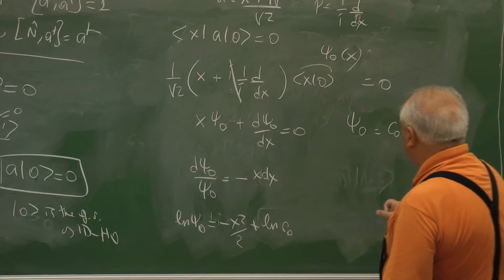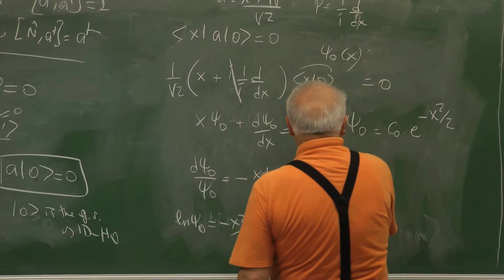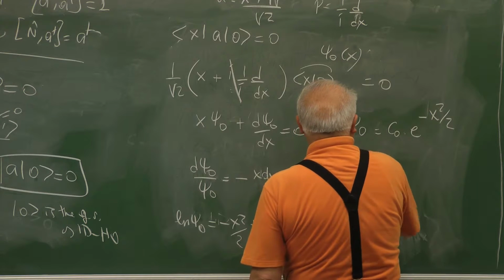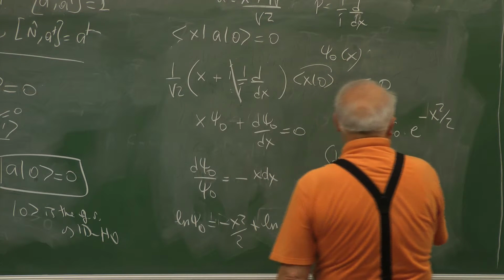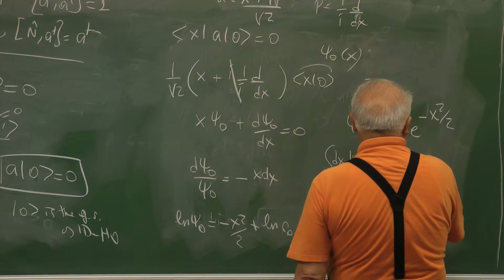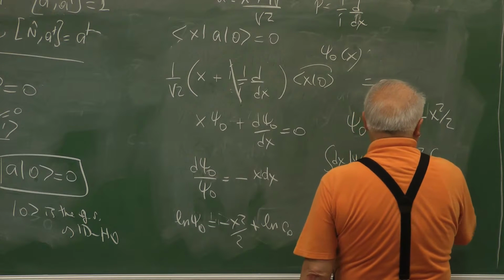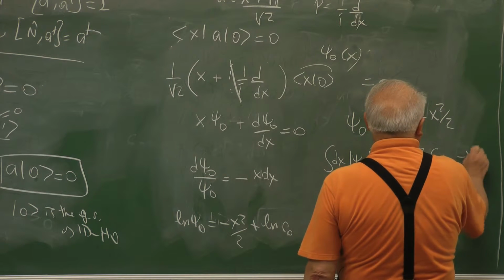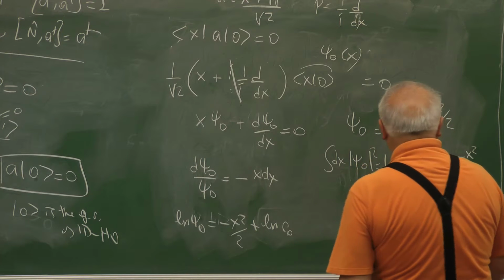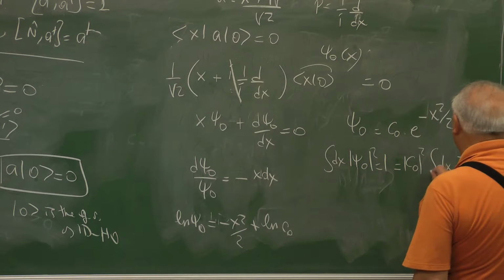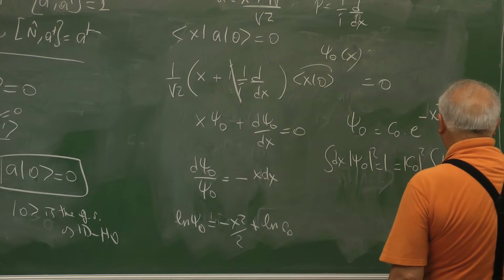If we normalize it, the integral dx psi 0 squared is equal to 1. That's equal to c0 squared integral dx e to the minus x squared, and this is root pi.